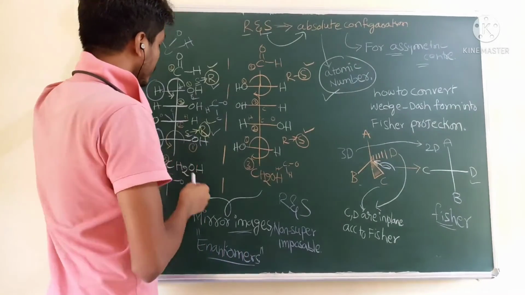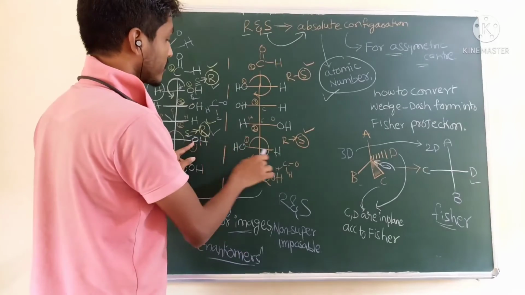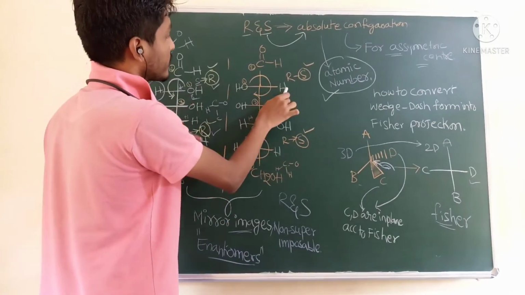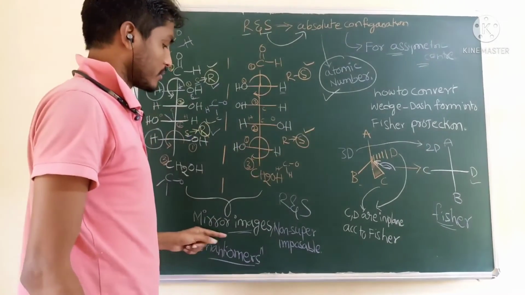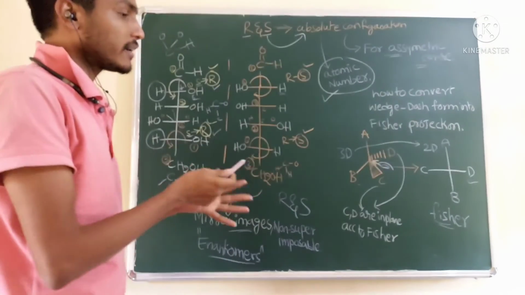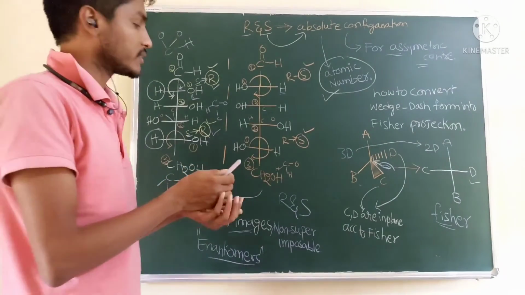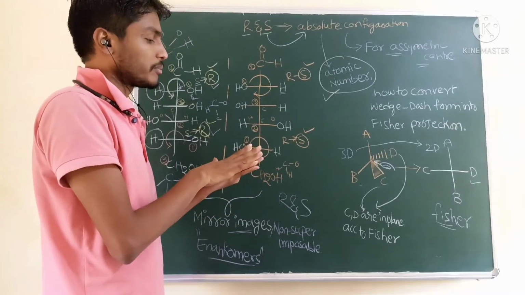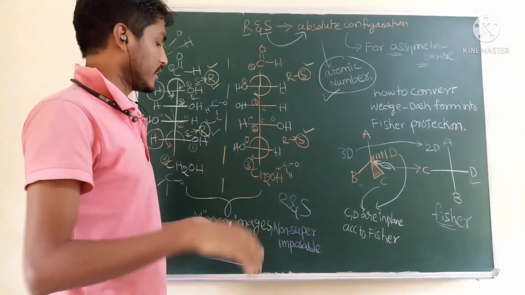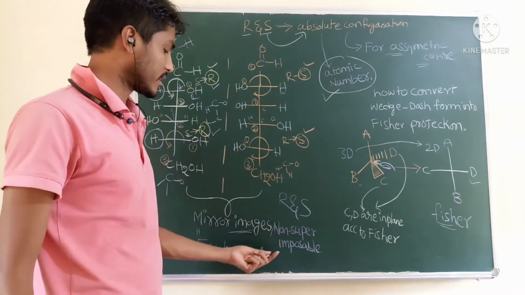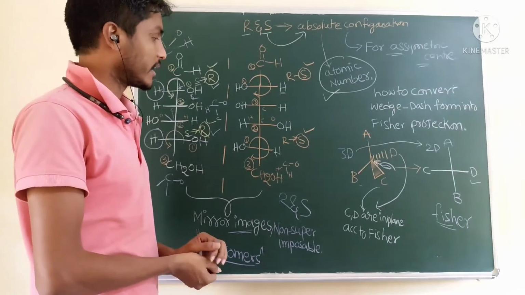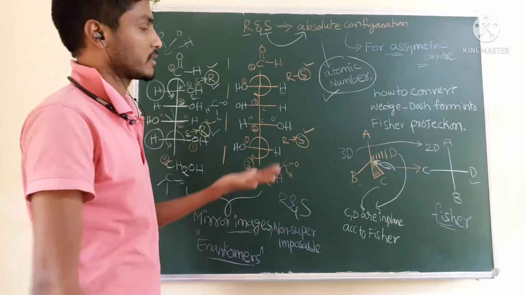But when you keep this structure on the other structure, OH does not match with H. So they are non-superimposable. When you put one structure on another, they will not match. They are mirror images, non-superimposable, and we call them enantiomers.